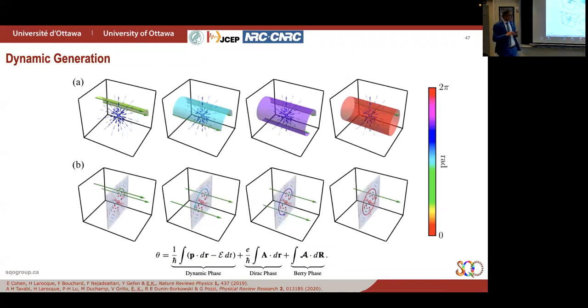Also, you can look at different approaches to shape the electrons, either with a magnetic field or with an electric field. Both of them are geometric phases or Berry phases, but one of them is a two-form, the other one is a one-form. Essentially, if you deal with the electric field, you're dealing with the first approach, while if you go with the magnetic field, you are dealing with the two-form.